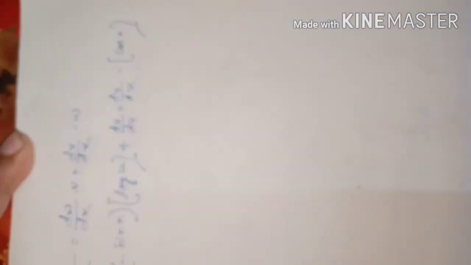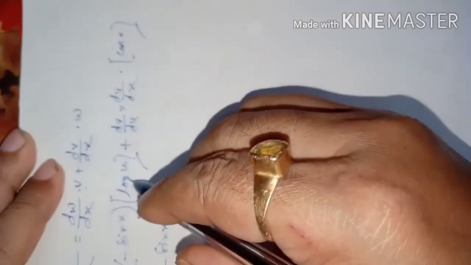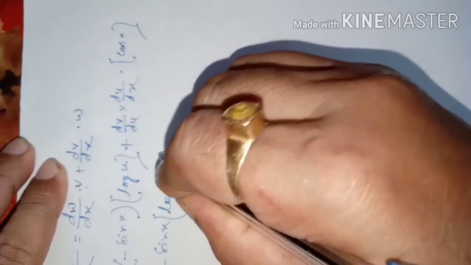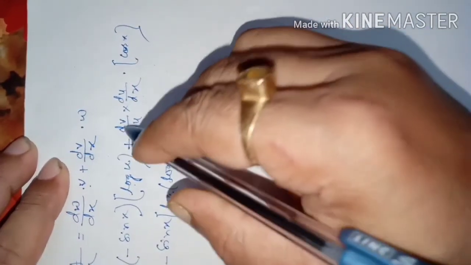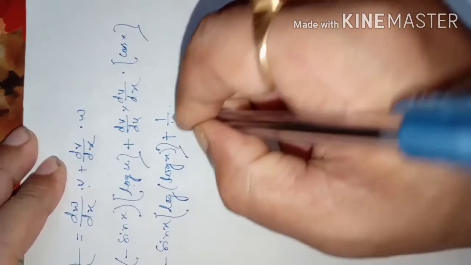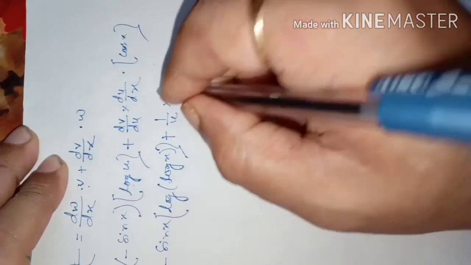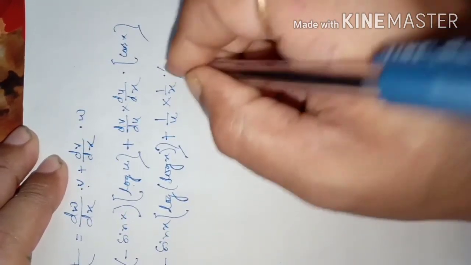So here you have minus sin x into log of u, where u stands for log x, so you write log x. Plus dv by du, which is 1 by u, into du by dx, which is 1 by x, into cos x.